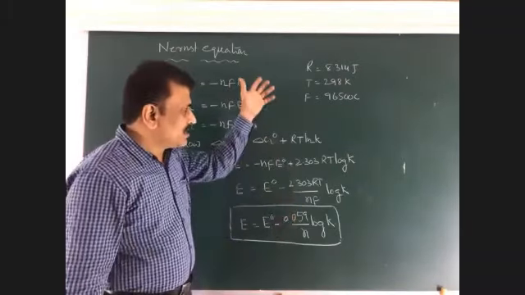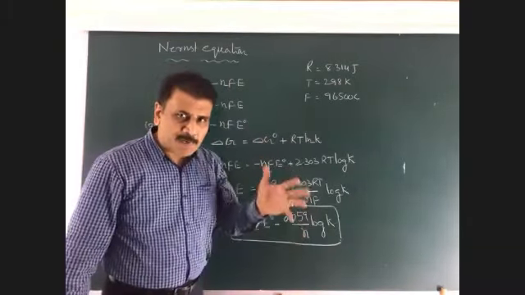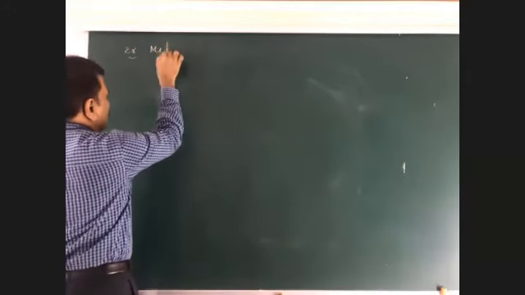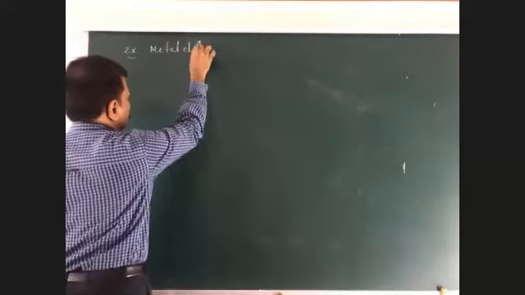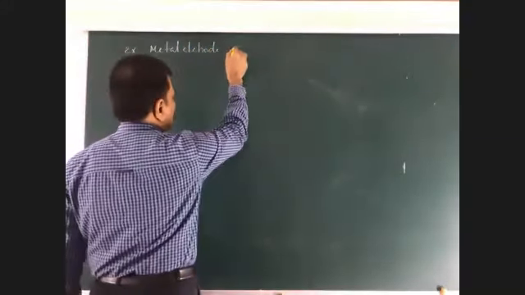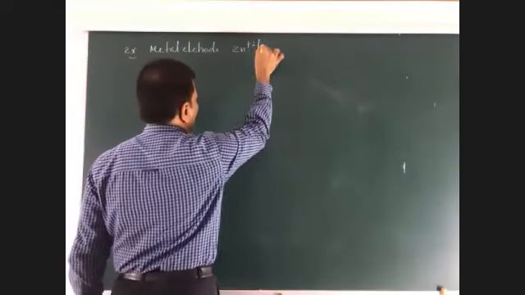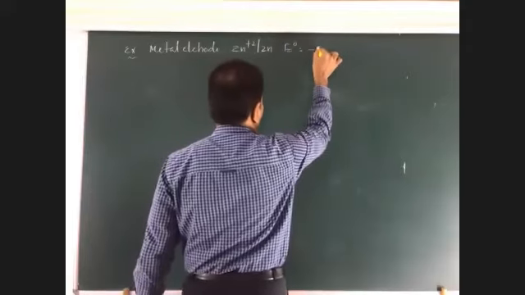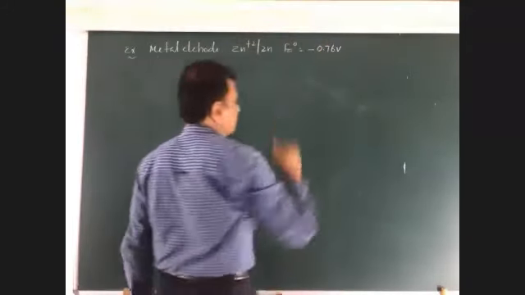Now, this Nernst equation is applied to different electrodes and different full cells. Look at the examples. Example 1. For a metal electrode, Zn2+ bar Zn, E naught is minus 0.76 volt.